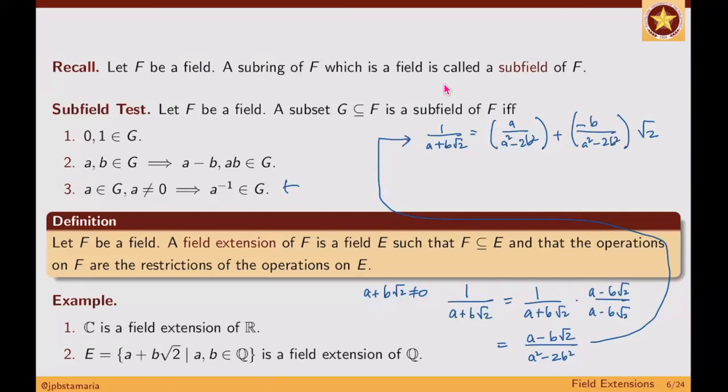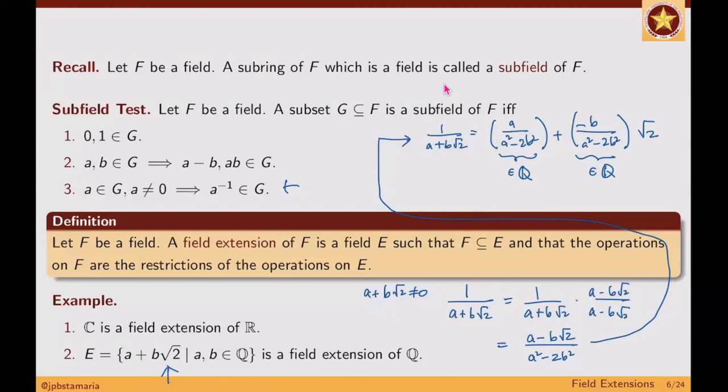The idea is, because a and b are rational numbers, you look at these combinations, this will remain as rational numbers. Diba kapag nag-divide ng dalawang rational numbers, rational pa rin yun. Kaya nakakagarantiya tayo na ang reciprocal ng mga non-zero elements nito, nariyan pa rin.